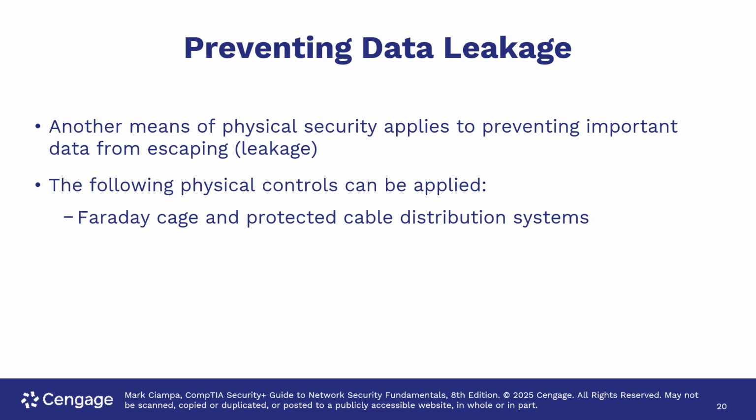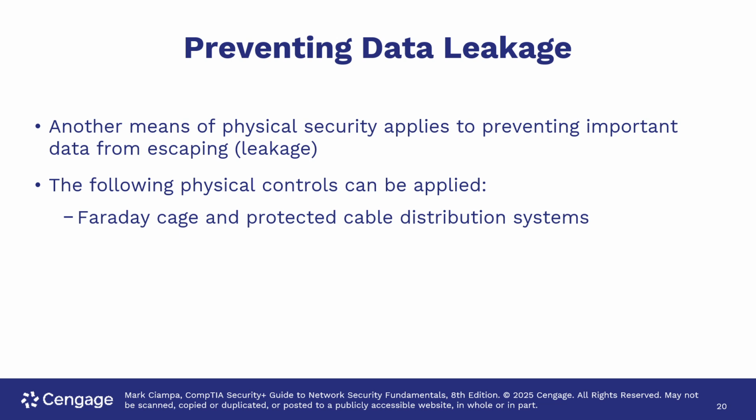So in preventing data leakage, that's important in information assurance. You want to make sure that no data is actually leaked out. And how do you leak out? Well, it's not like water coming out of a bag or container, but since some of these are radio frequency, a nearby device can pick up on that signal.